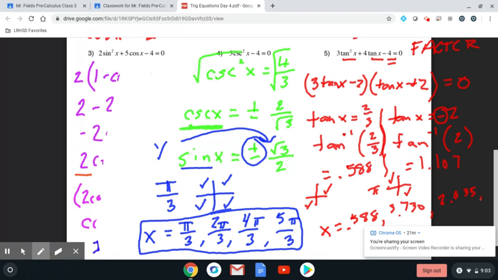Your closest x-axis to quadrant 4 is 2 pi. So you take 2 pi and subtract 1.107 from it, and that's going to give you the value of 5.176. Sorry, I know it's kind of sloppy down here, but these would be your 4 final answers for this problem.